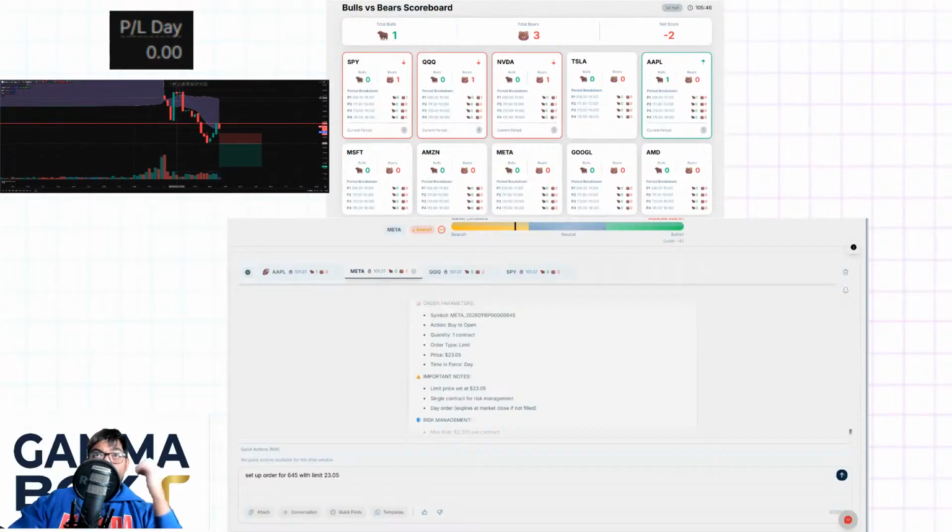All right, so the rules are pullback or breakout, pullback, retest. So we've got to see what's going to happen here with Meta.